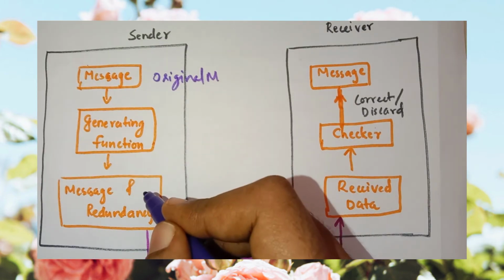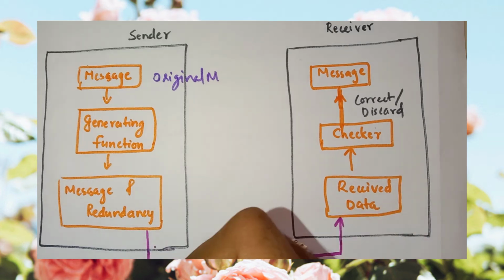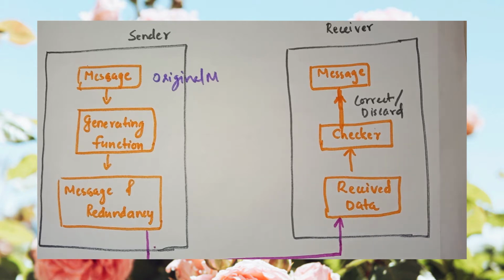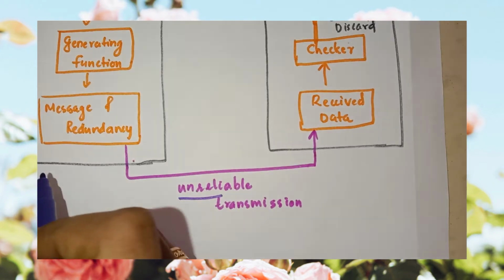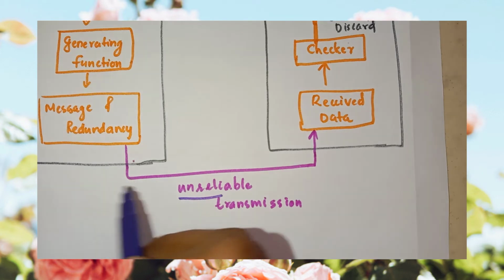After generating the redundancy bits, the message and redundancy bits are combined together and transmitted through the unreliable transmission medium. Unreliable means there may be an error. We are not sure whether this transmission medium is reliable or not.